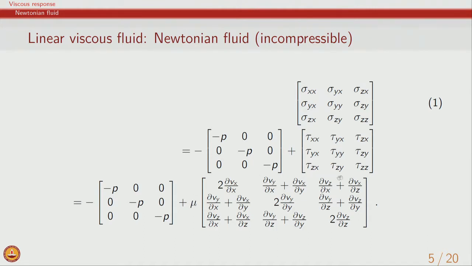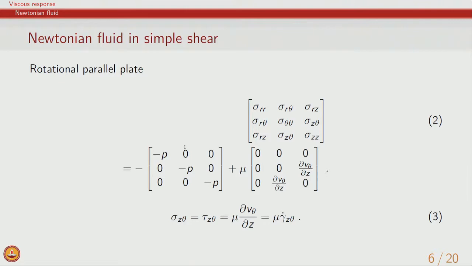Depending on the type of flow, one or more of these velocity gradient and strain rate tensor components will be non-zero, and therefore, the components of deviatoric stress as well as components of stress will be zero or non-zero. This equation for an incompressible Newtonian fluid is used very heavily in fluid mechanics and is an example of viscous response. Let us look at the main features that the Newtonian fluid has.